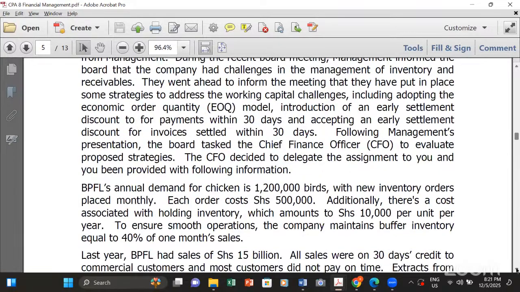Following management's presentation, the board tasked the chief finance officer to evaluate the proposed strategies. The CFO decided to delegate the assignment to you, and you have been provided with the following information.